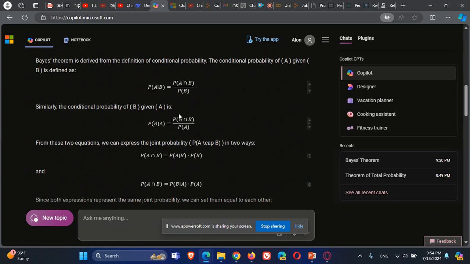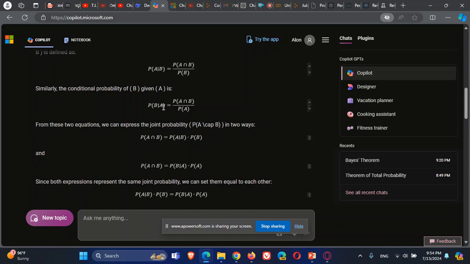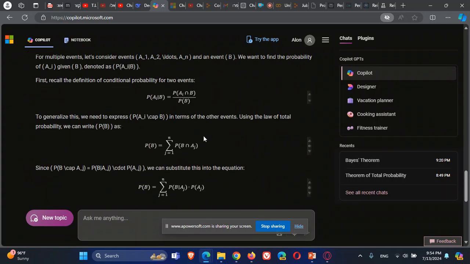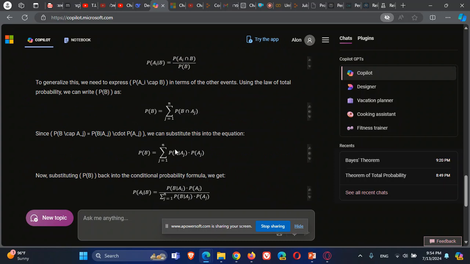The probability of B given A is the probability of the intersection of A and B divided by the probability of A. Therefore, you can take P(A) to the left and get the probability of the intersection of A and B. I just took P(A_j) to the left and got the definition for the probability of the intersection of B and A_j. So this is what I can derive from this.